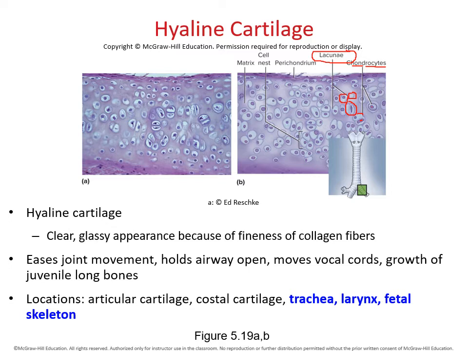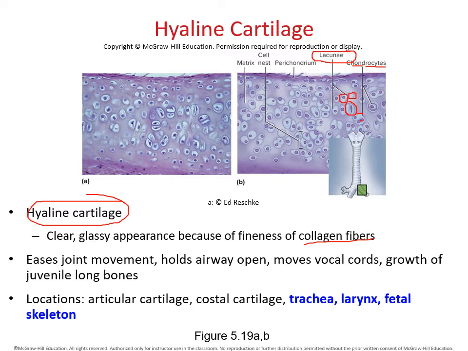All right, let's see what I wrote down for you. So I wrote hyaline cartilage has lots of collagen fibers. It eases joint movement. It holds the airway open, moves vocal cords, growth of juvenile long bone. Bone actually starts off as hyaline cartilage before it's transformed into bone, or replaced in bone, I should say.